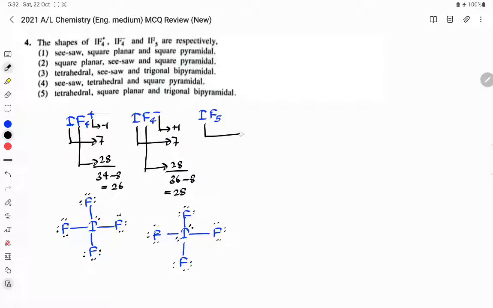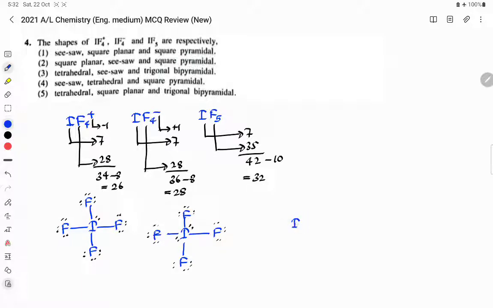Now for IF5, 7 electrons from iodine, 7 into 5, 35. So it will be 42. There are 5 fluorines attached, so 10 electrons should be subtracted. 32 has to be put on the iodine.